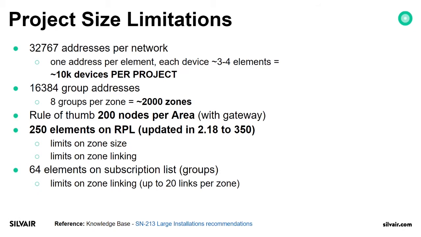So we have almost 33,000 addresses per network, one address per element. Each device contains approximately 3 to 4 elements, which will result in approximately 10,000 devices per project.